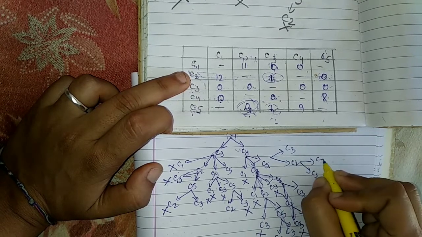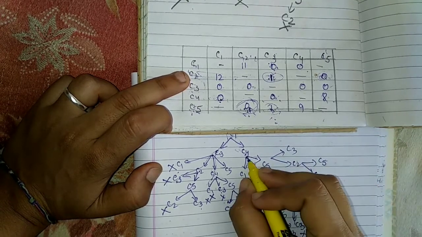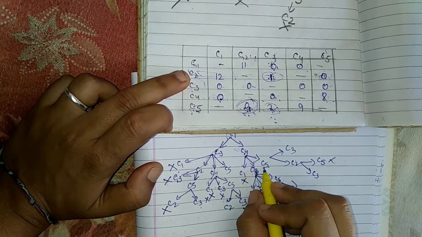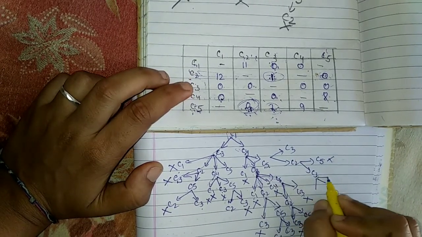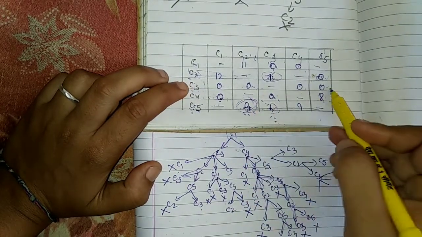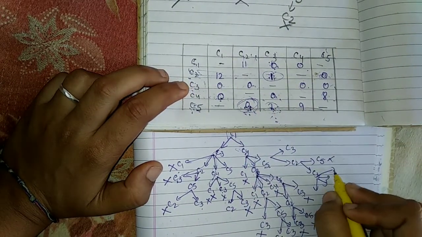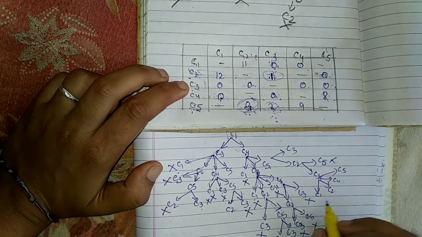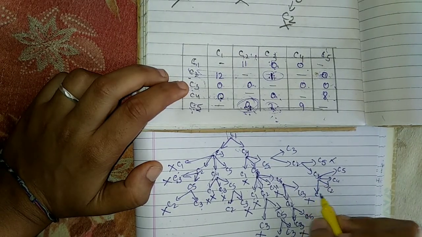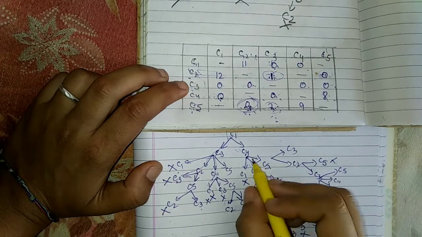C5 is unfavorable because it is already covered here. C3, there are 4 zeros: C1, C2, C4, C5.